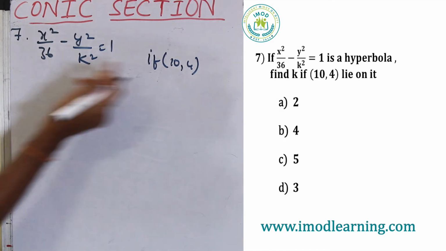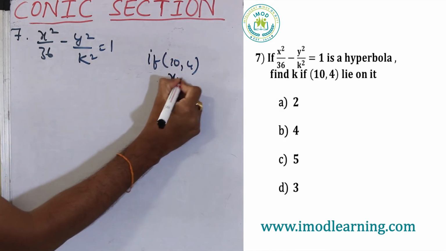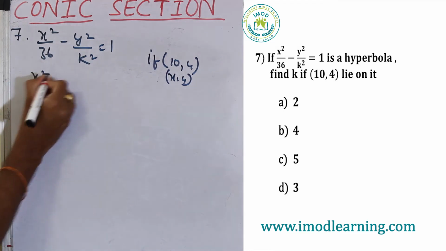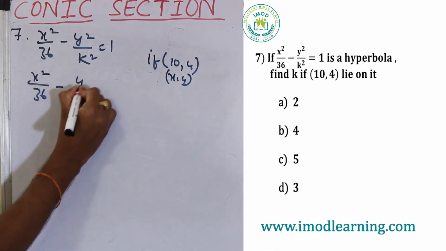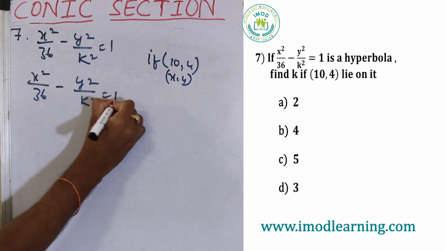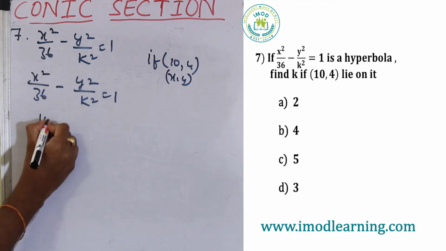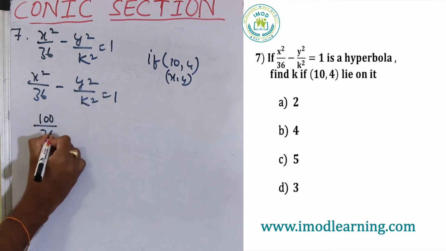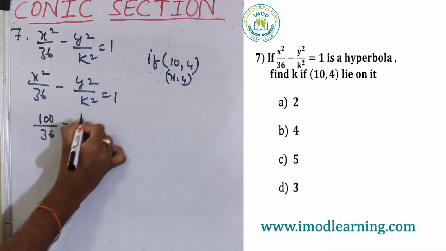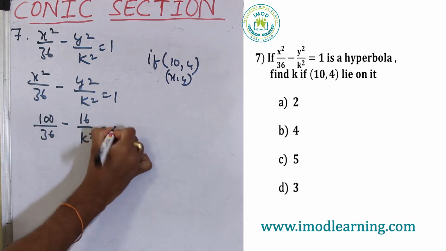Call this point x, y. Consider x square by 36 minus y square by k square equal to 1. Substitute 10 for x and 4 for y. So 10 square, that is 100 divided by 36, minus y square, that is 16 divided by k square, is equal to 1.